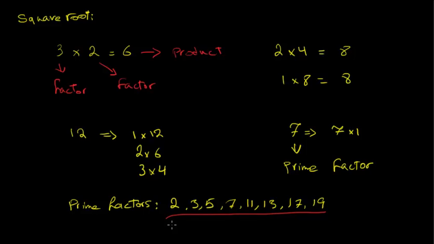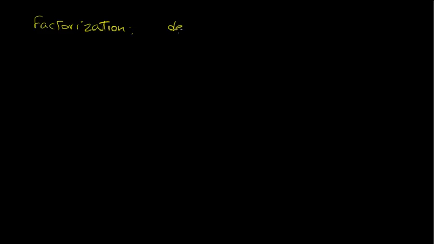Then we have the concept of factorizing, or factorization. Factorization in fact means decomposing. It is a process of breaking down a large number so that it gets easier to deal with. Let's say we have 24. We are interested to break it down and see what factors go into 24. So we see 6 and 4 are the factors. 6 can be broken down to smaller numbers, 2 and 3.